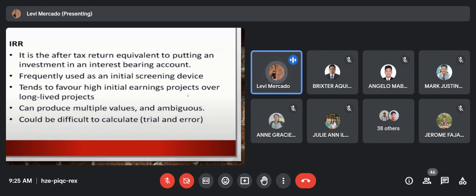So IRR is calculated by trial and error. Could be difficult to calculate dahil trial and error ang ginagamit sa pag-calculate ng IRR. In simple terms, pagka mataas yung IRR, it indicates successful investment. Pagka naman mababa yung IRR value, yung investors should review and reconsider yung investment na gagawin nila.